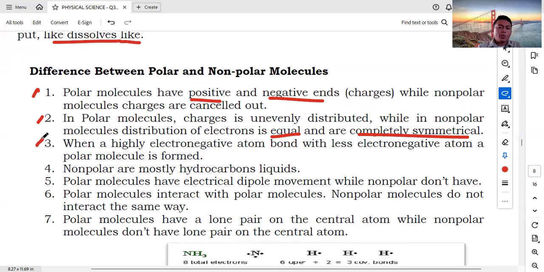Number three, when a highly electronegative atom bonds with a less electronegative atom, a polar molecule is formed. Number four, nonpolar molecules are mostly hydrocarbons, liquids. And number five, polar molecules have an electrical dipole moment, while nonpolar molecules don't.